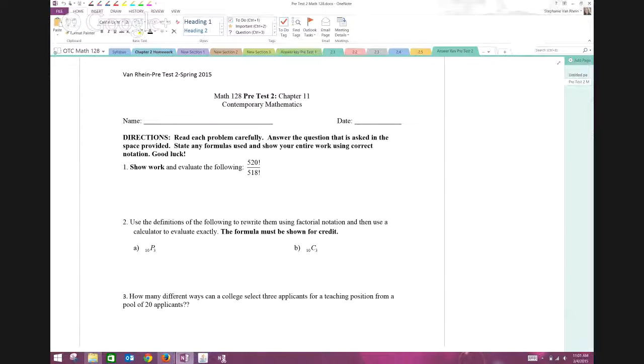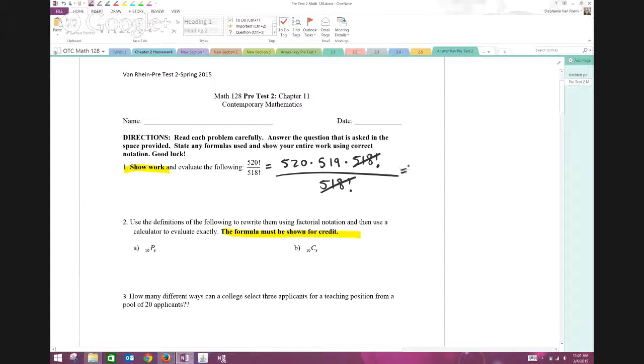If it says show your work or show the formula, that's an important part of the problem. So the first step, I want to show my work, and showing your work here is saying, okay, I'm going to take 520 times 519 times 518 factorial divided by 518 factorial.